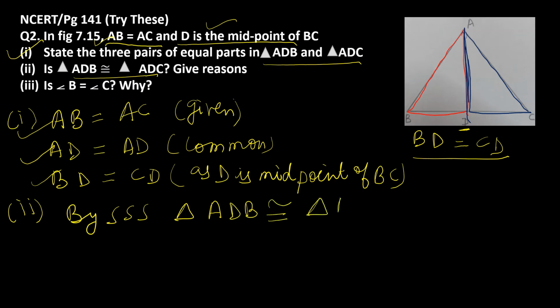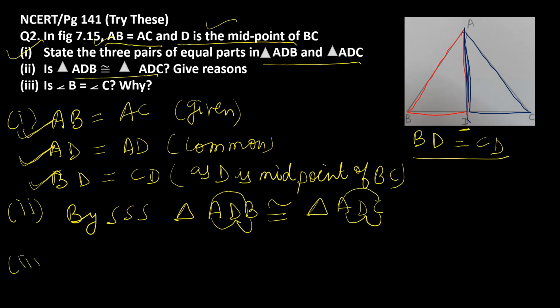So we can write by SSS, ADB is congruent to ADC, right? And what is the reason? Reason: SSS congruency. Whenever you are writing the congruency, always state which criteria they are congruent by. So this is by SSS criteria, and make sure you are writing the sides in the correct order, right?